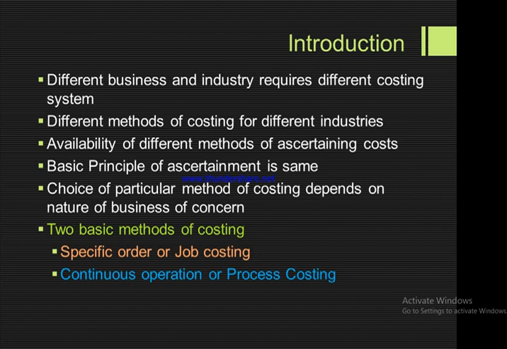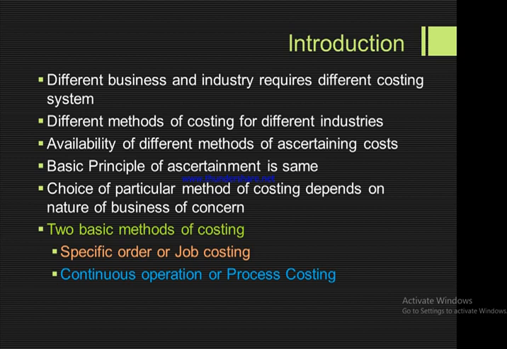Companies normally use unit costing, and some of the examples we have seen are beverages, cement works, steel, brick manufacturing or flour mills. In some of these industries they use unit costing because the product is going to be one single product.